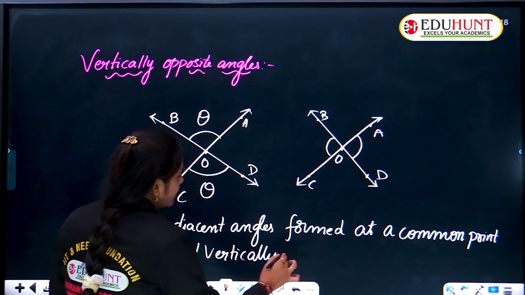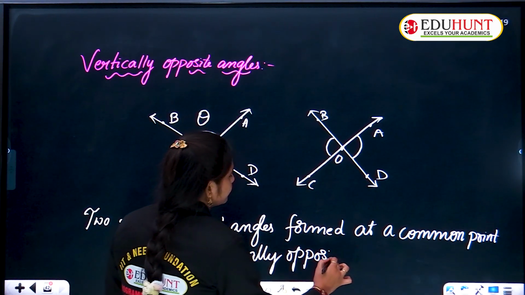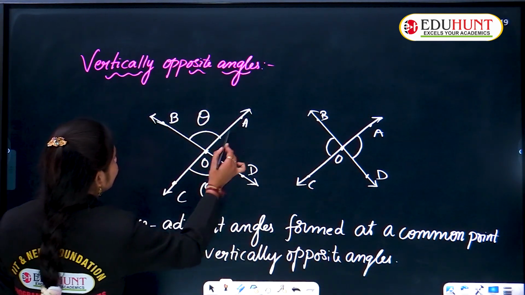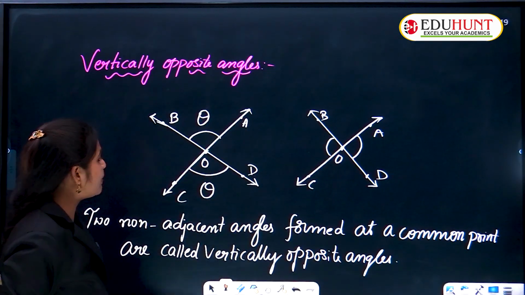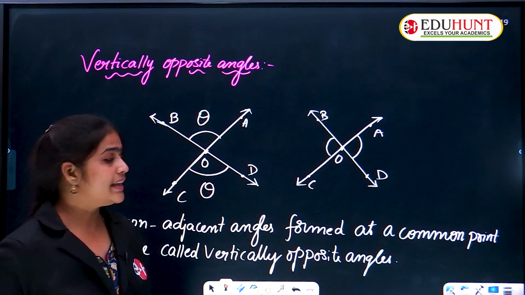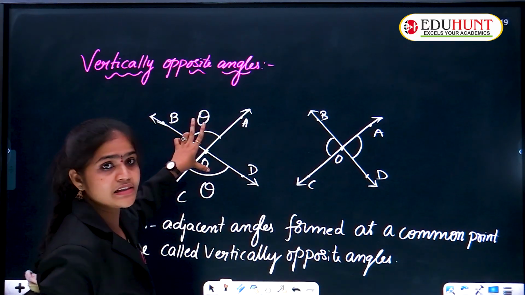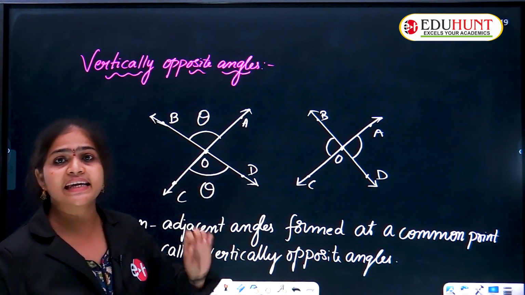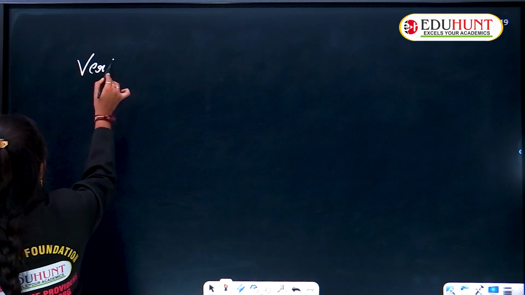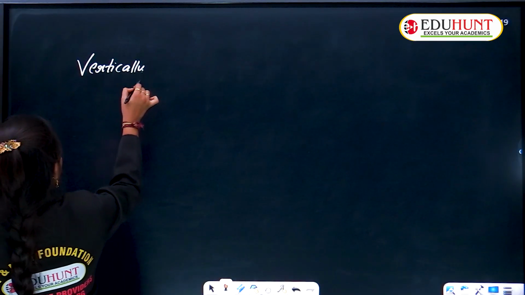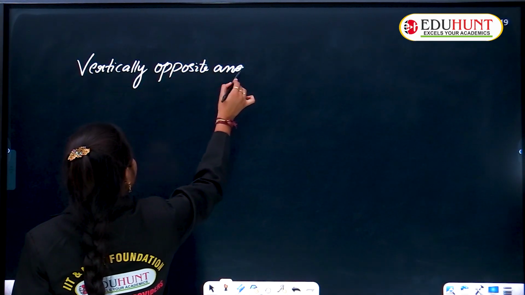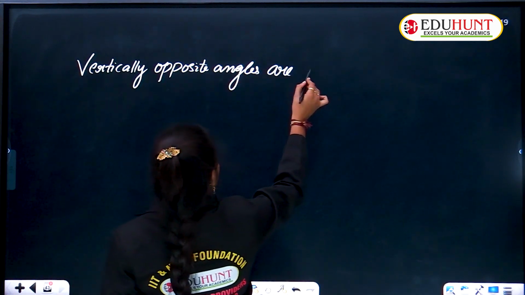And in the same way, we can observe the same angle here. Why? Because AC is a straight line and in the same way BD is also a straight line. Then we can say that two vertically opposite angles are always equal. What is that statement? Vertically opposite angles are always equal.